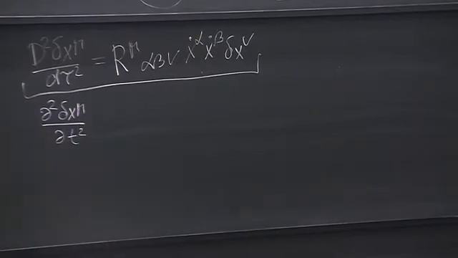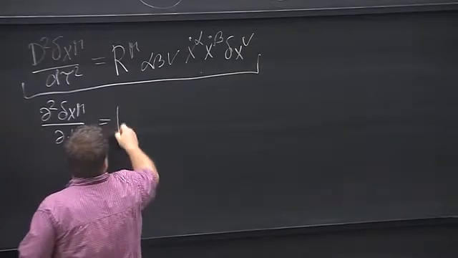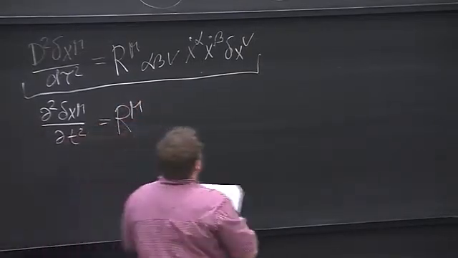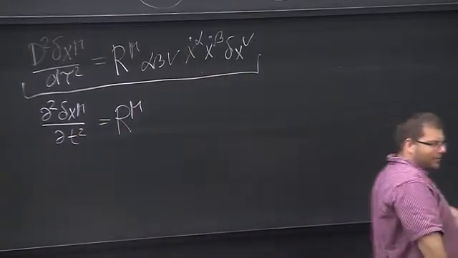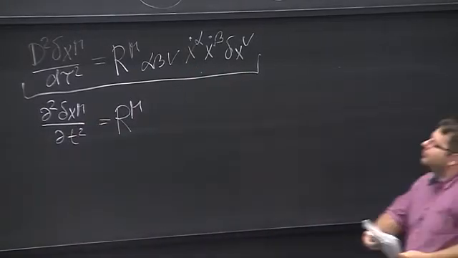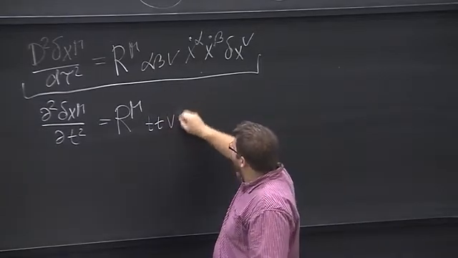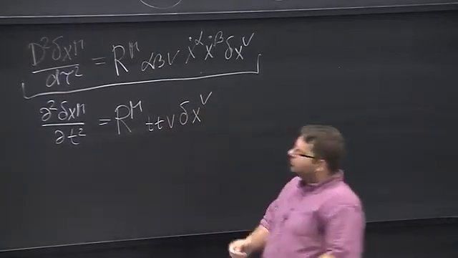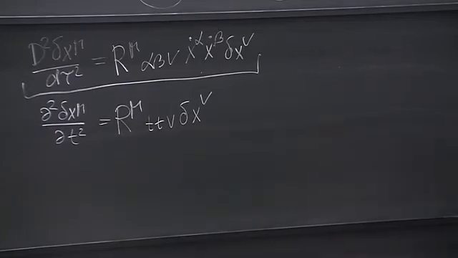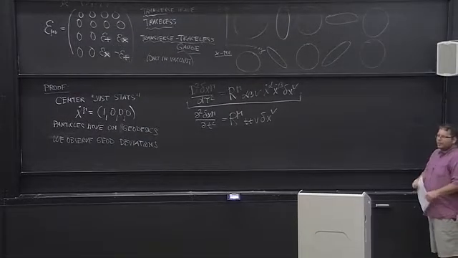Again, I don't have to distinguish tau and t, so d squared delta x mu over dt squared is R mu, but alpha can take only the t index. This will be R mu t nu t delta x nu. Okay, so this is how it simplifies. Everybody happy so far?